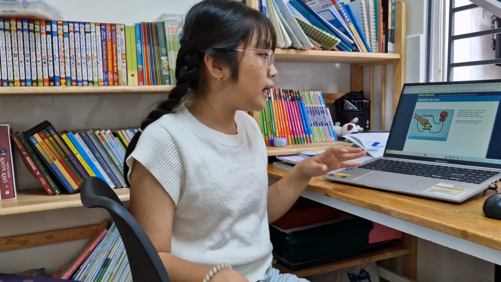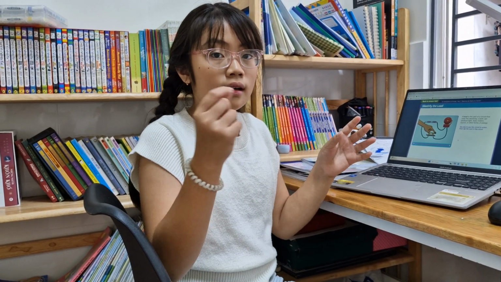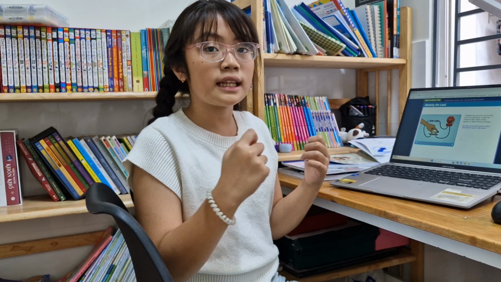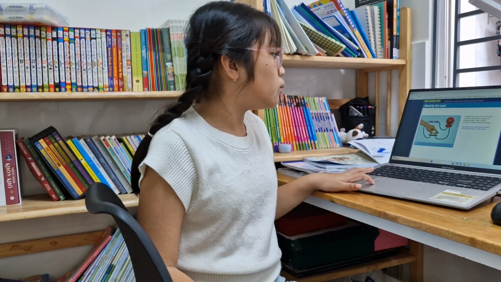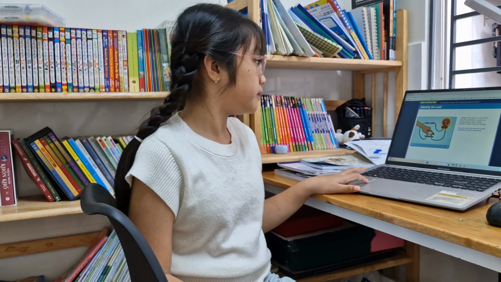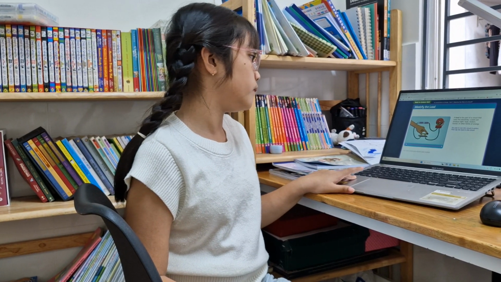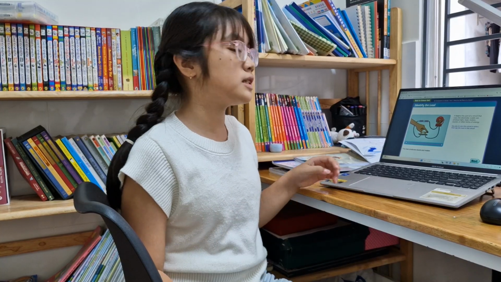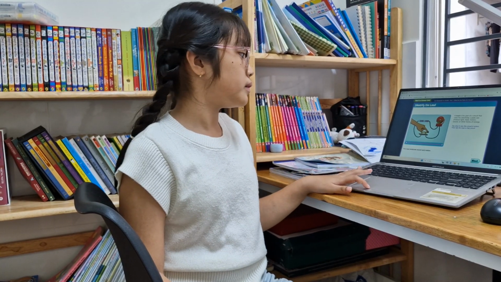So it rings and it has some motion to make the sound. It will be the load. This load produces sound and motion.